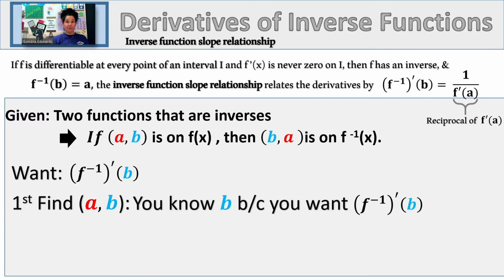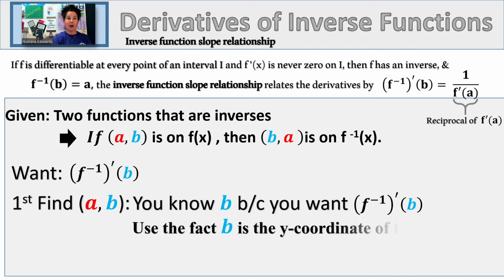We have half of it, because if you are being asked to find f inverse's derivative at b, the b there is the x on the inverse function. So it is the y coordinate of the original function. If you know the y coordinate of the original function, you can then use that to figure out the x coordinate that goes with it.